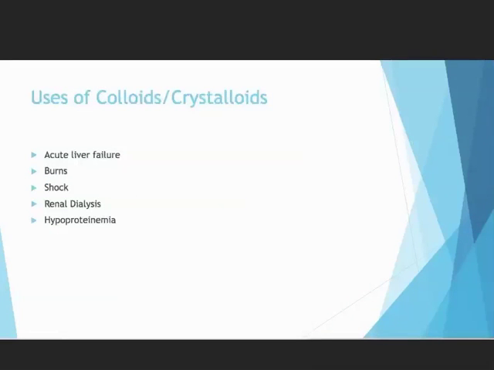So we mentioned a lot of these, but essentially it's when there's something that's causing low volume that needs to be replaced. Burns, as I mentioned, is often because fluid shifts into the interstitial spaces secondary to changes in that tissue and the capillary bed permeability. Essentially, shock is because you have a loss of circulating fluid volume that could be directly related to volume loss or blood loss.